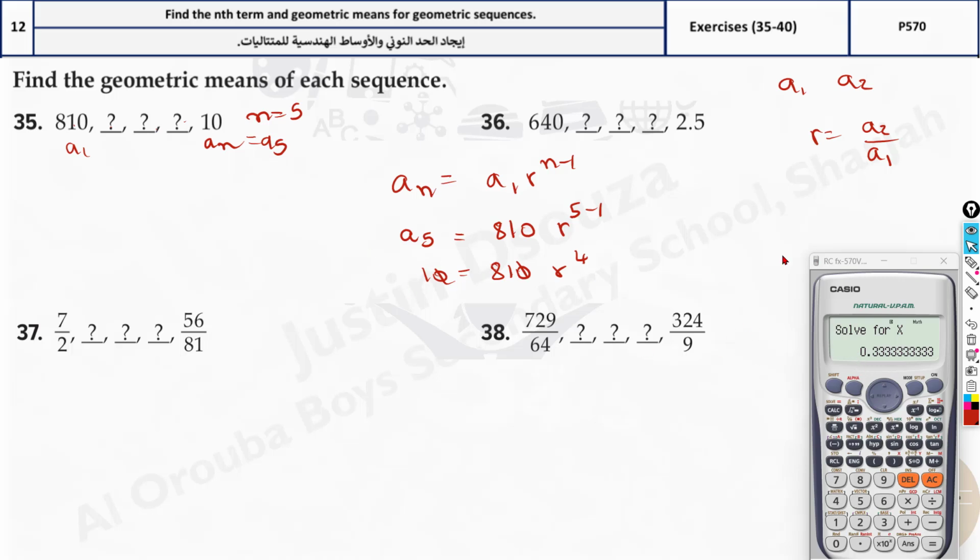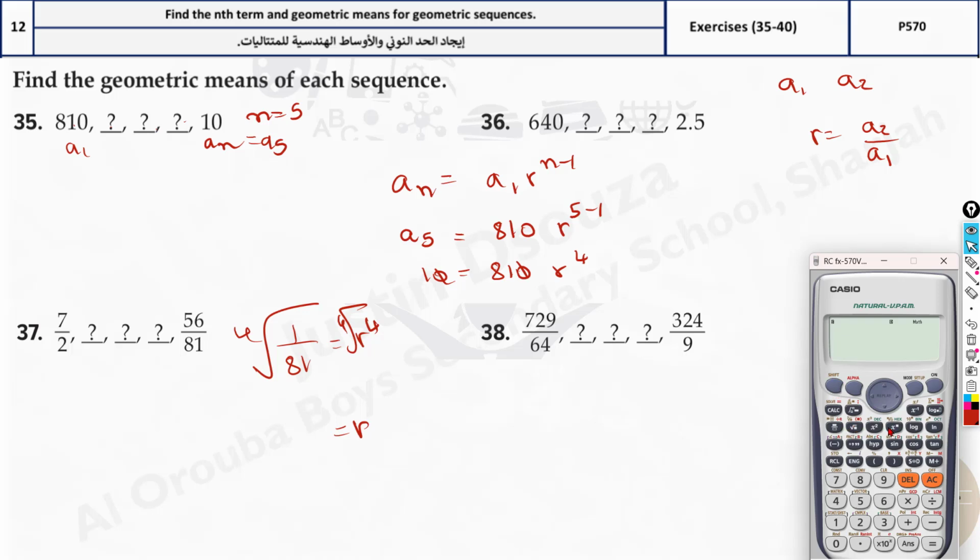So now I'll show you the calculation without the calculator method, just the algebraic calculation. Take 81 to the other side, it will be 1 divided by 81 equals r to the power 4. Take radical 4 on both sides. It will be, r will be this much. This much you can put in the calculator directly.